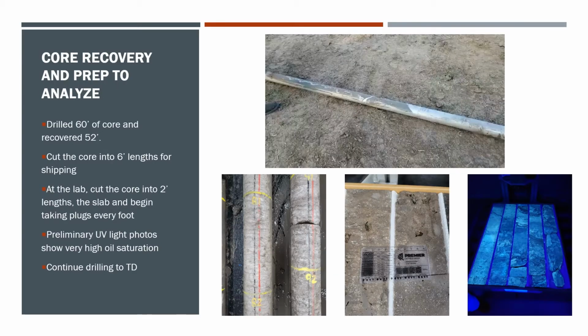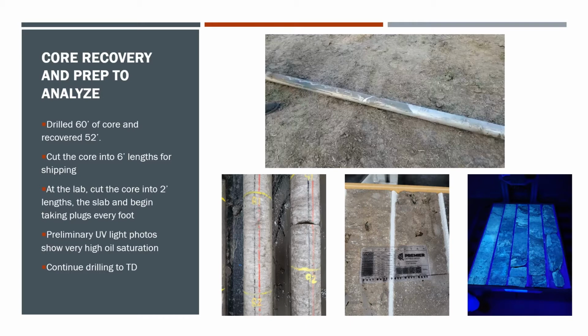Of the 60 foot of core that we drilled, we managed to recover 52 feet of it. The rest was crushed and left in the hole. The core is then cut into 6-foot lengths for shipping, right here. And then once it arrives at the lab, it's cut into 2-foot lengths, and then we slab it. That is, we cut it in two.